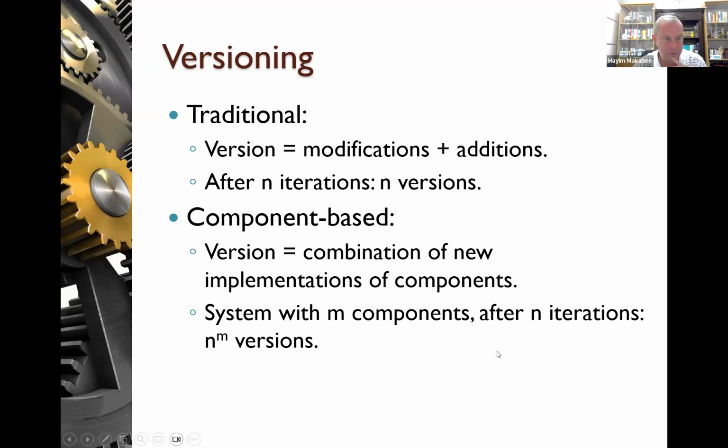Make sense? So if you have 3 iterations and 2 components, you have 3 times 3, 3 to the power of 2. If you have 3 iterations and 3 components, it's 3 times 3 times 3.